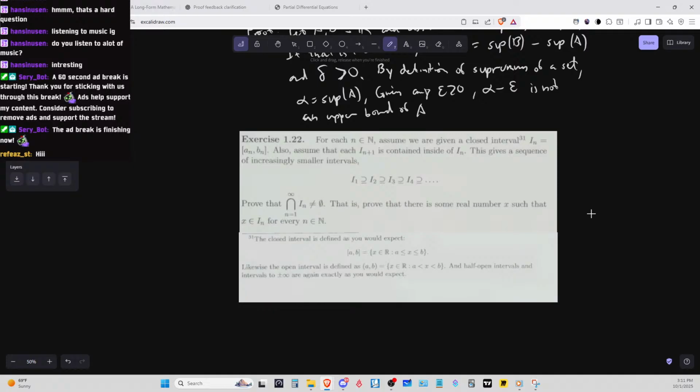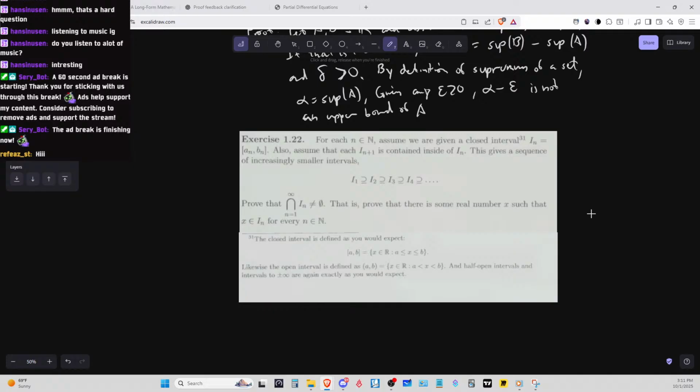Okay. So, for each n in N, assume we are given a closed interval I_n equal to [a_n, b_n]. Also assume that each I_{n+1} is contained inside I_n.